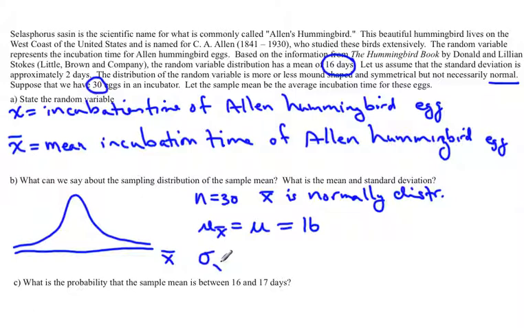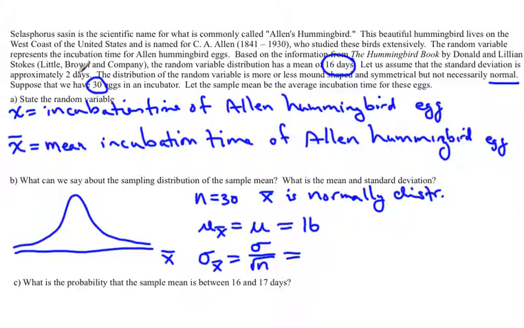The standard deviation is a little different because it actually gets smaller as you have a larger and larger sample taken. So you take the original standard deviation and divide by the square root of n to get a value that gives you a little bit more understanding of what's happening and gets you less variability.